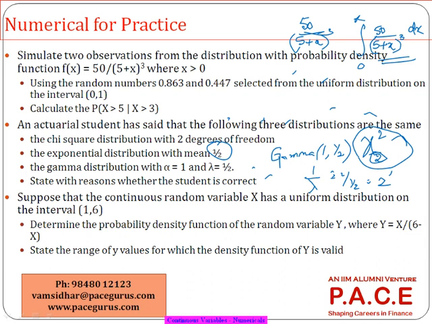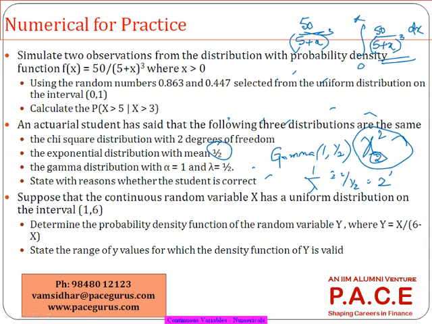Suppose the continuous random variable x has a uniform distribution on the interval 1, 6. So it is following a uniform distribution. Find the probability density function of the random variable y equal to x by 6 minus x.